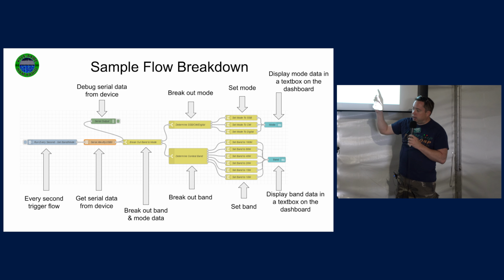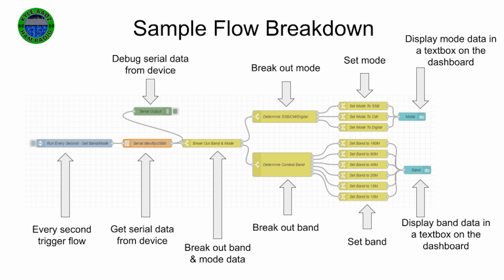I'm not going to spend a lot of time on this, but this is how flows go from left to right. Remember, we've had that inject node. This is injecting, run every second, get the band and mode, and it runs, like I said, left to right. And then here is a decision.